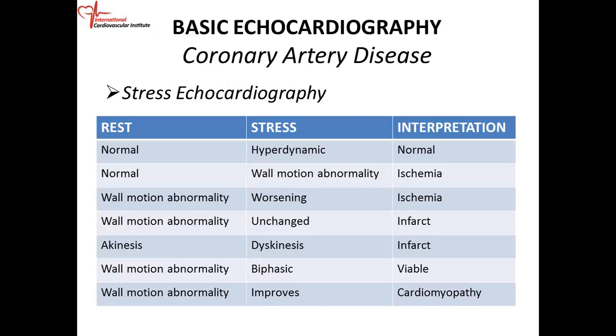Again, you're looking for wall motion abnormality and the ejection fraction. You're also looking for chamber size because sometimes the LV chamber can dilate. So you have to be able to interpret the results.